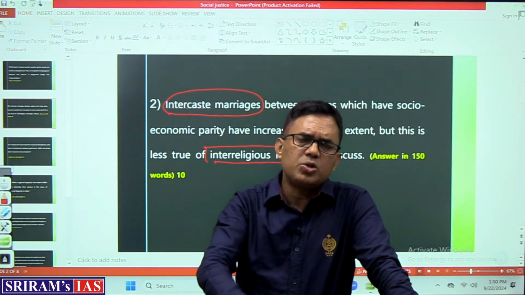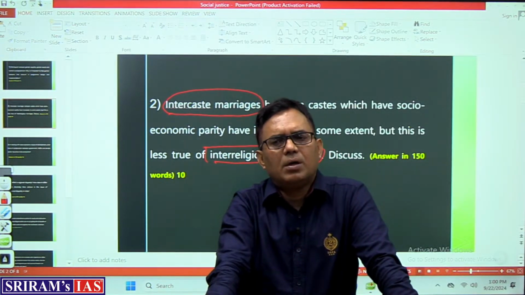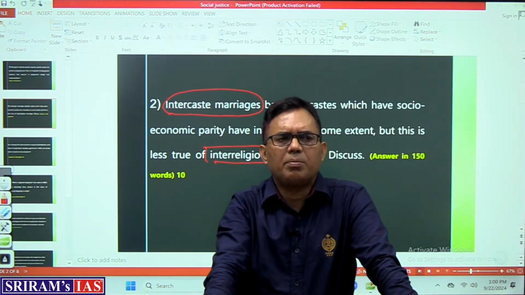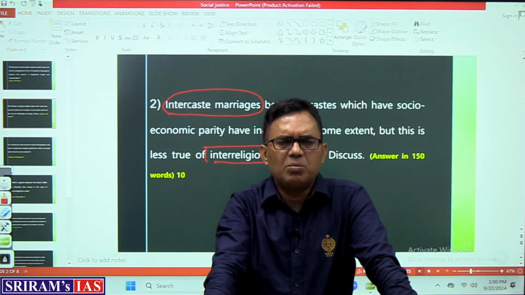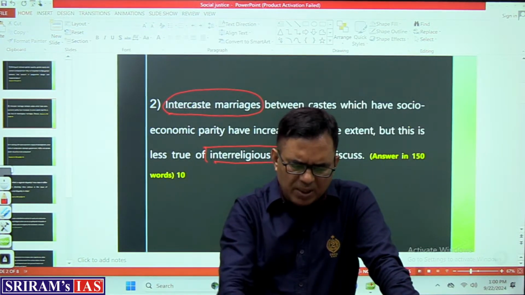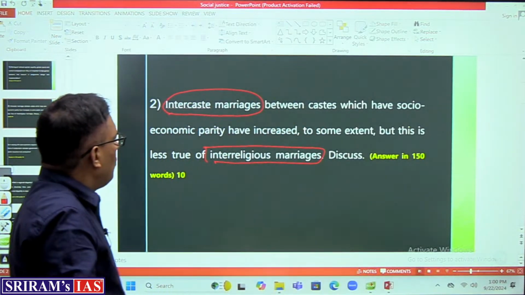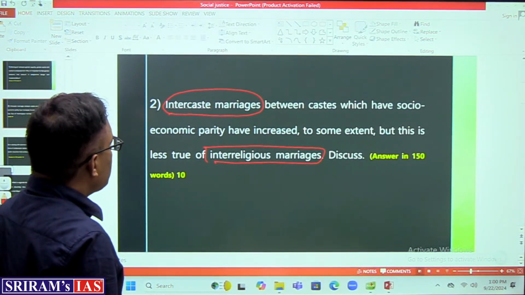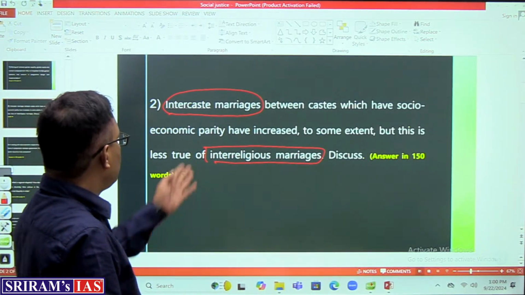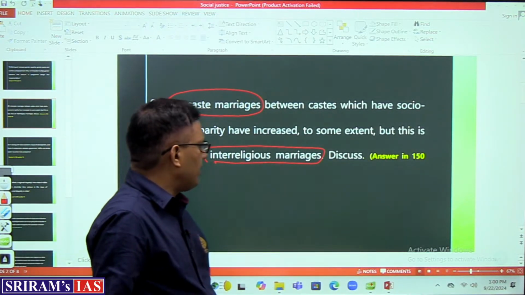But if they want to go for marriage outside, like marriage between a Hindu and a Muslim, or between a Hindu and a Christian or Muslim, they have to follow the provisions of the Special Marriage Act. So the question is why it is less prevalent, less true, no? Intercaste marriage is increasing, but less true of interreligious marriage.